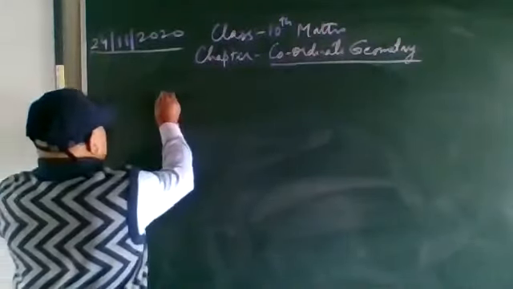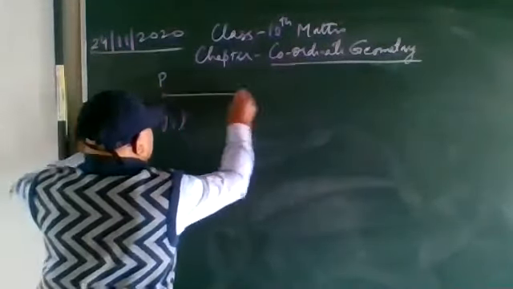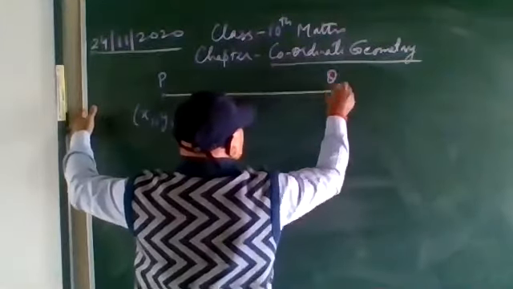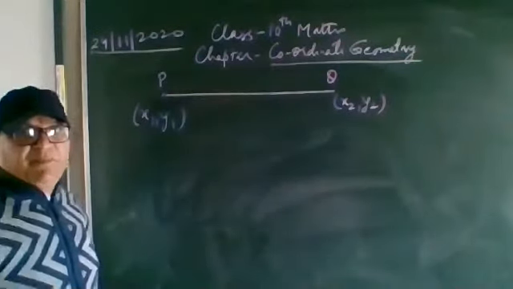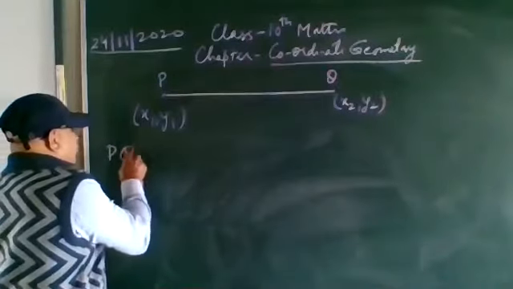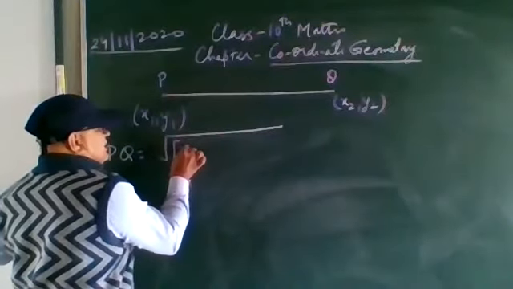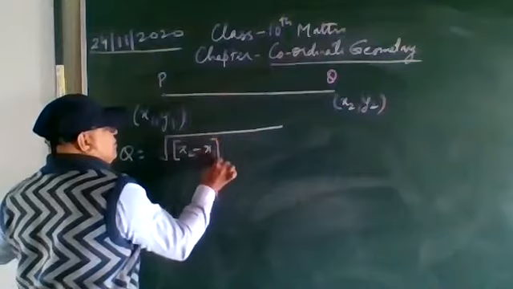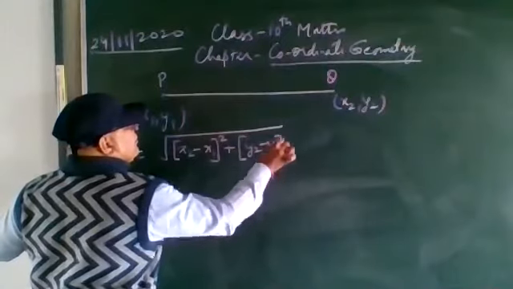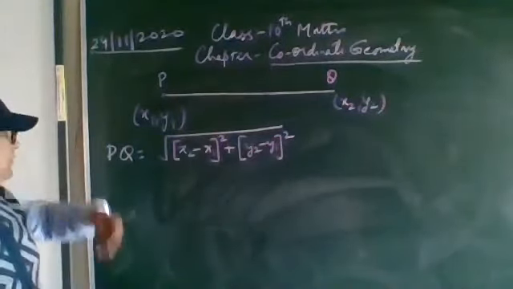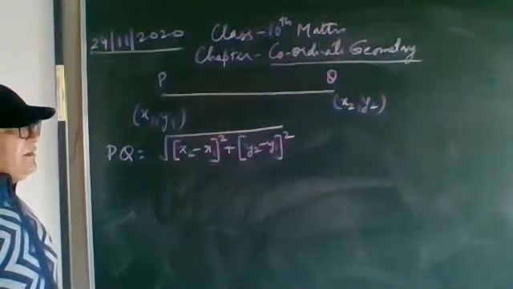When point P is given as x1, y1 and Q as x2, y2, PQ is equal to the square root of the bracket x2 minus x1 whole square plus y2 minus y1 whole square.